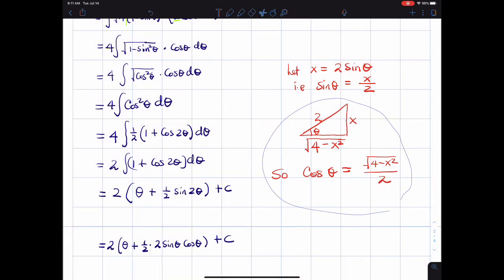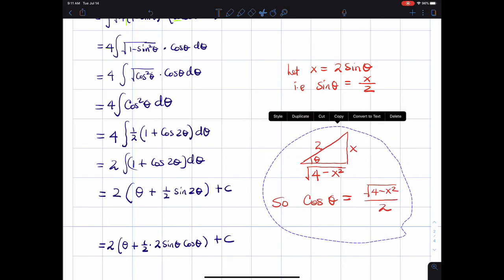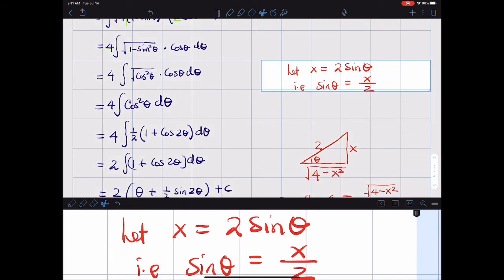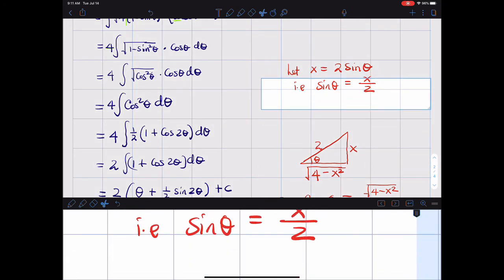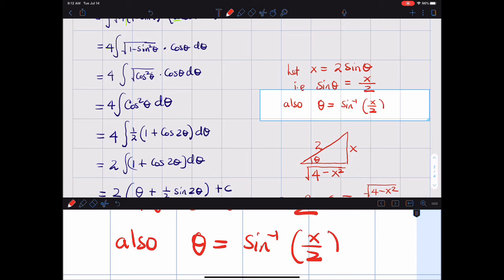Sorry about that, but theta now is quite easy. We need theta and we need cosine theta. So let's do it this way. x is 2 sine theta. That means that sine theta is equal to x over 2, and also theta is equal to inverse sine of x over 2.